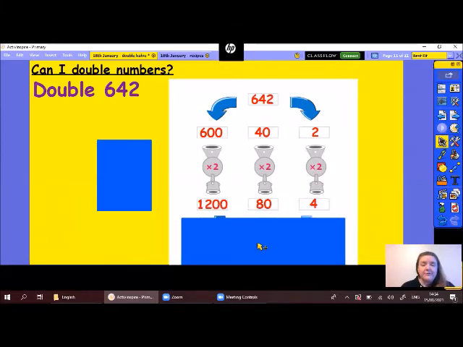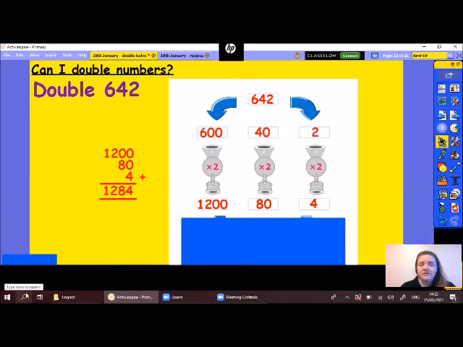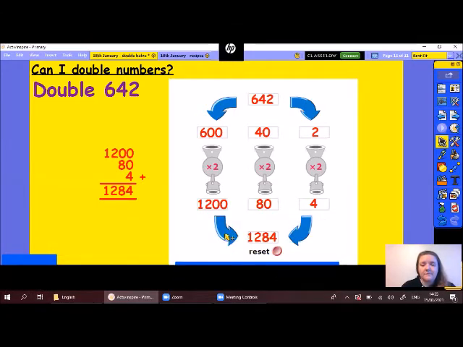Double 600 makes 1,200, double 40 makes 80, and double 2 is 4. And then all we need to do is put them back together. So I've done a column addition here with all 3 numbers, just so I can check the answer I came to in my head. And then our final answer comes back together again at the bottom.